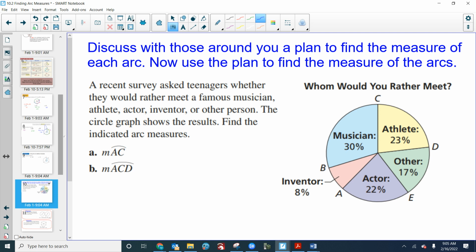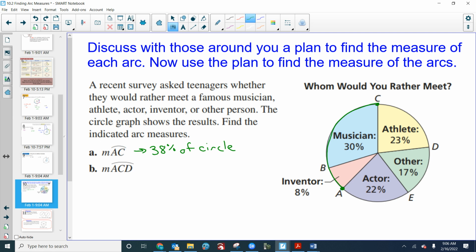Okay? So A to C. All right, A is here. C is here. Counterclockwise or clockwise? Clockwise. It's named with 2 letters. We have to go the shortest path. So what percent of the circle does that take up? 38%. Okay. So that's 38% of the circle. We're asked, what's the measure of the arc in degrees? Well, isn't it 38% of 360?